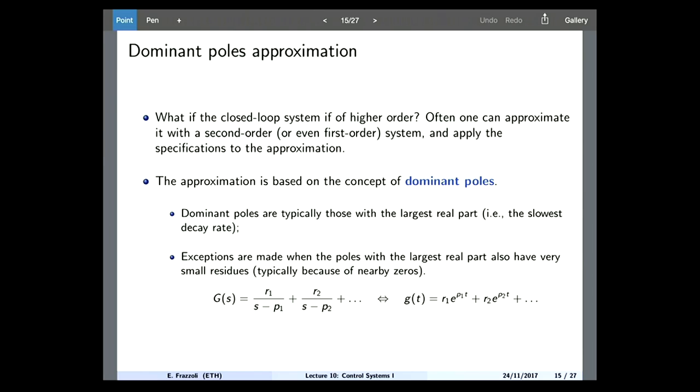If we had an integrator, would that be one of the dominant poles? So remember, here what I'm talking about is the closed loop response. Typically when you have an integrator and you put it in a closed loop, the pole at the origin will move somewhere else, right? You remember the root locus, okay?